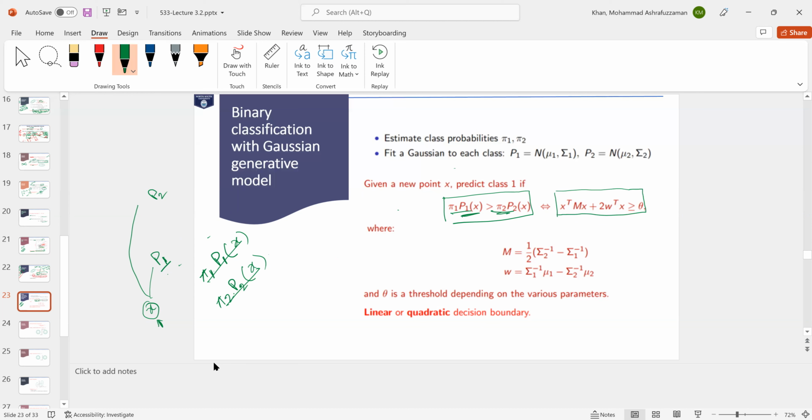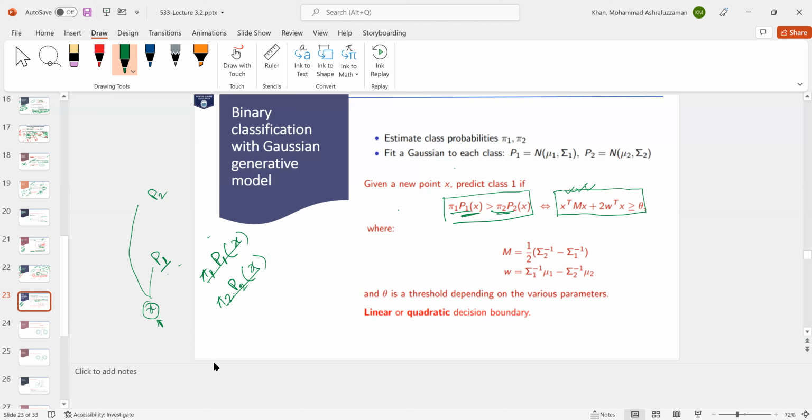How do we minimize this? Basically, we take the logarithm of both sides and then use some algebraic tricks. So we'll get something like this. Now we'll only discuss from this because it will give us some intuition about the decision boundary.